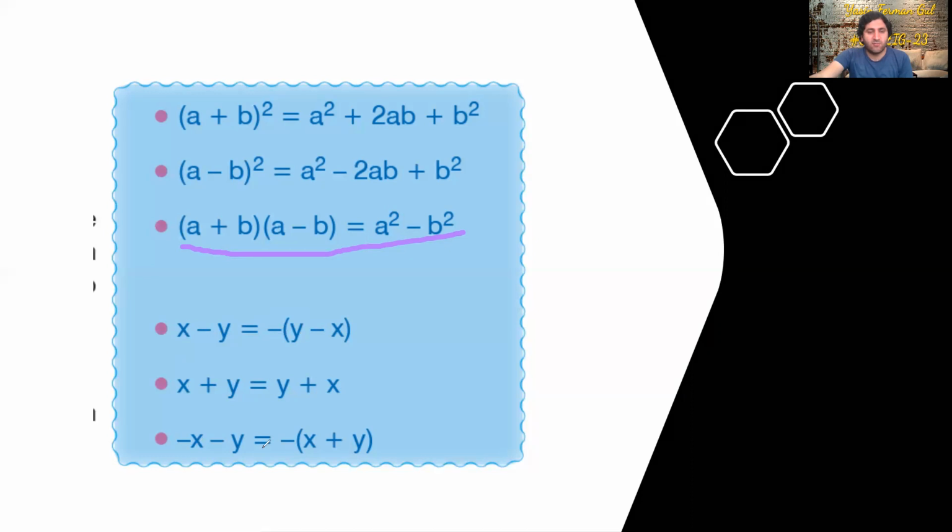Then -x - y equals -(x + y), because negative times x is negative x, and negative times y will be negative y. Negative times negative x will be positive x, because negative times negative is positive. Okay, let's move on.